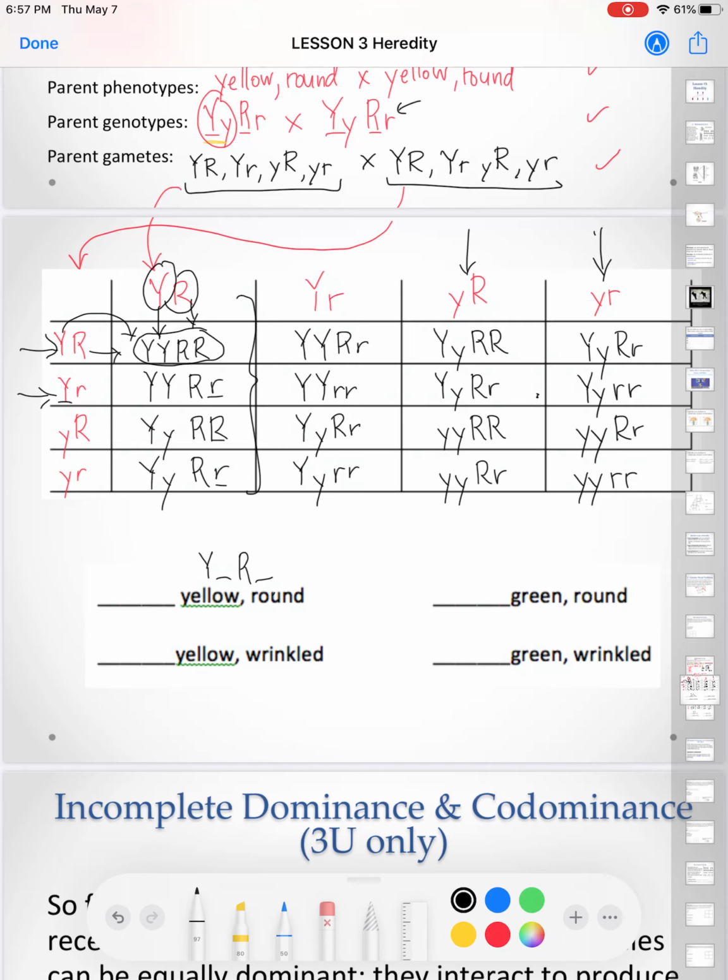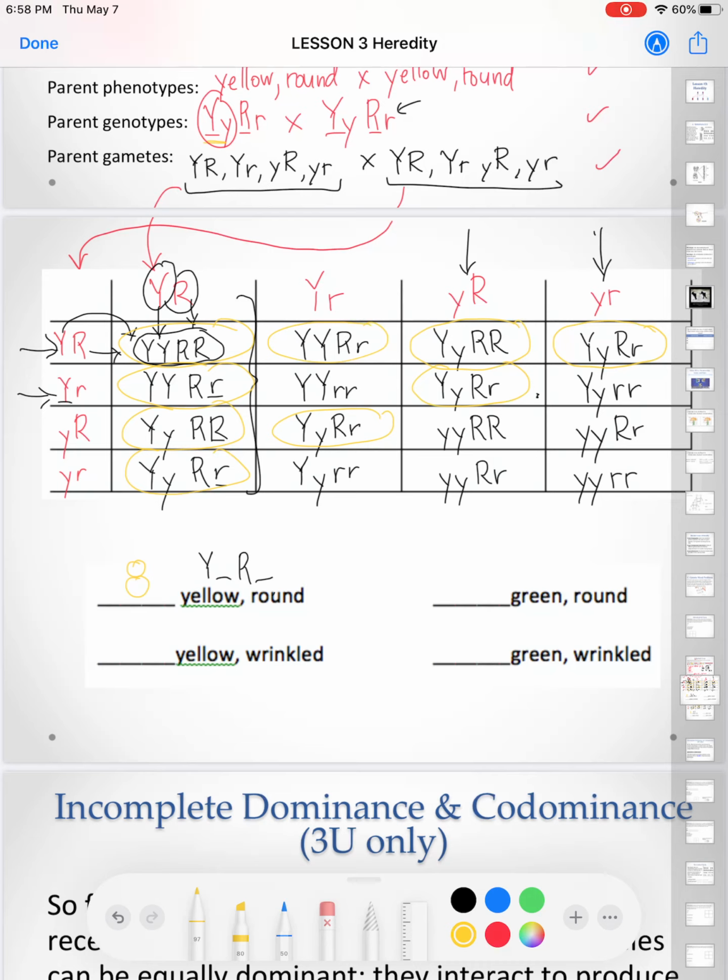So let's take a look at all the possible offspring that have at least one dominant Y and at least one dominant R. So that's this one, and this one, and this one, and this one, and this one, this one. Keep on going. And you can see that's it. 1, 2, 3, 4, 5, 6, 7. There's 8 that are yellow and round.